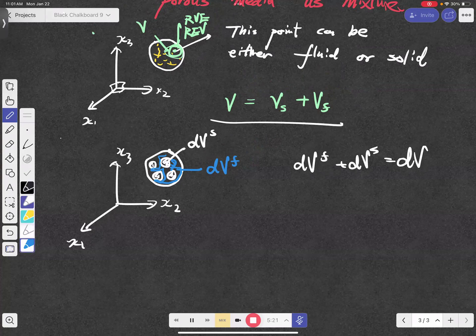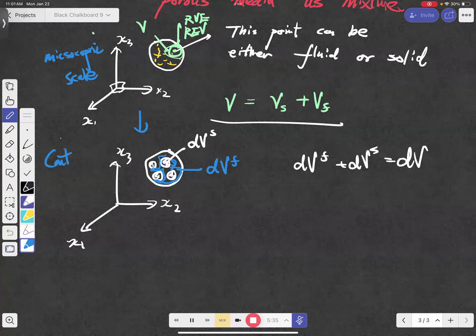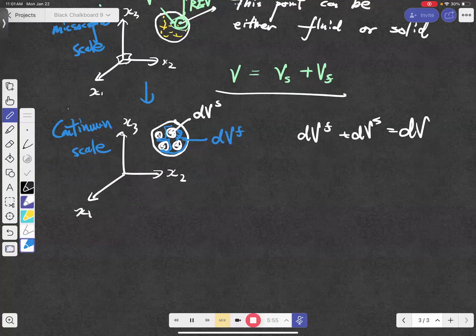From this view to this view, this one is called the microscopic scale, where we consider the individual water molecule, and this one is called the continuum scale, or the macroscopic scale. All the porous media theory and geotechnical engineering theory are basically focused on the continuum scale. There are some exceptions, like lattice Boltzmann coupled with finite element, and multi-scale modeling, that go into that regime.